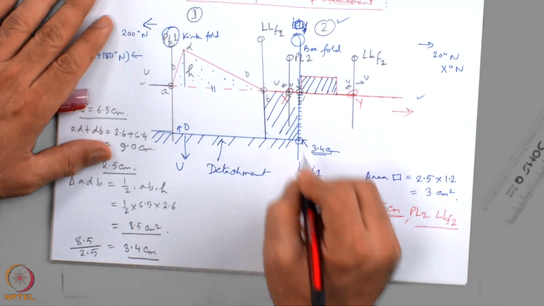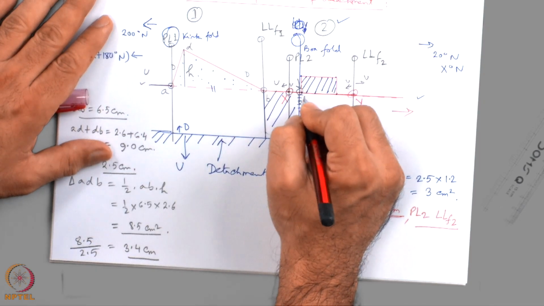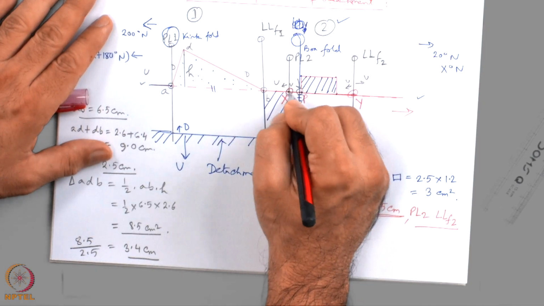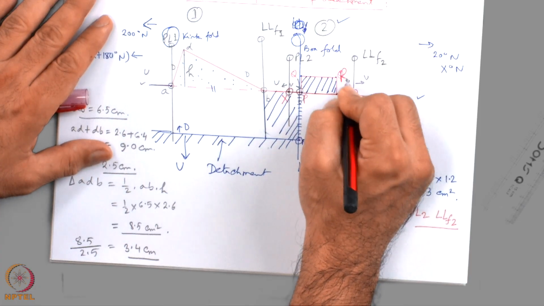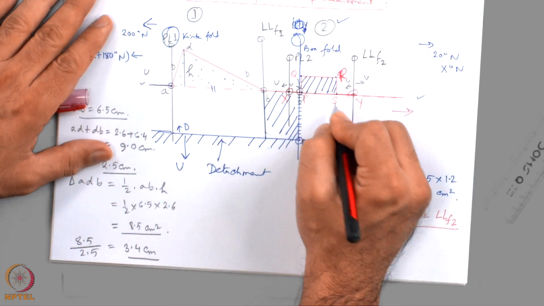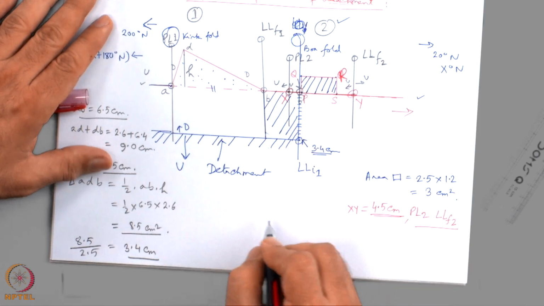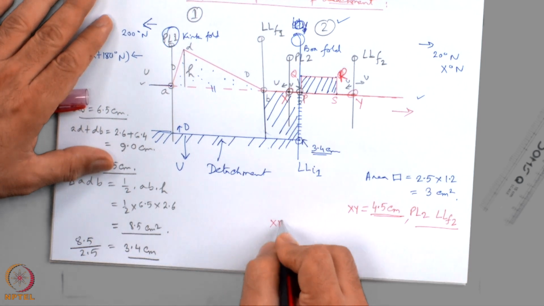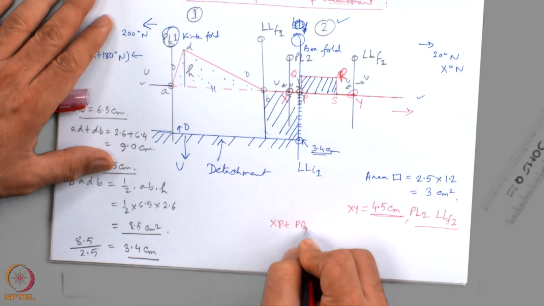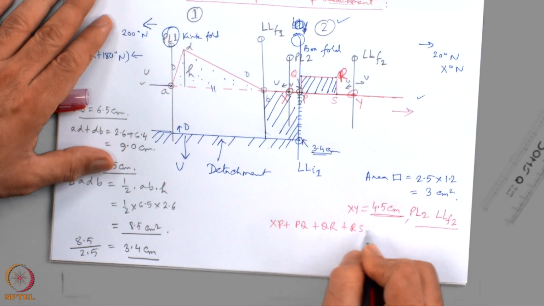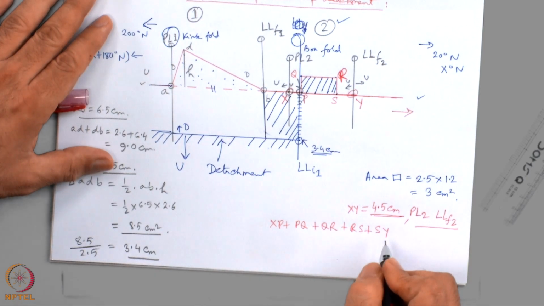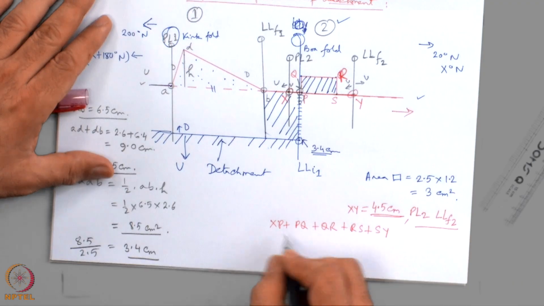Now, we want to find out the distance from X to P along this line, P to Q, Q to R, R to S and S to Y. The total distance XP plus PQ plus QR plus RS plus SY. This is how much? Let us find out.